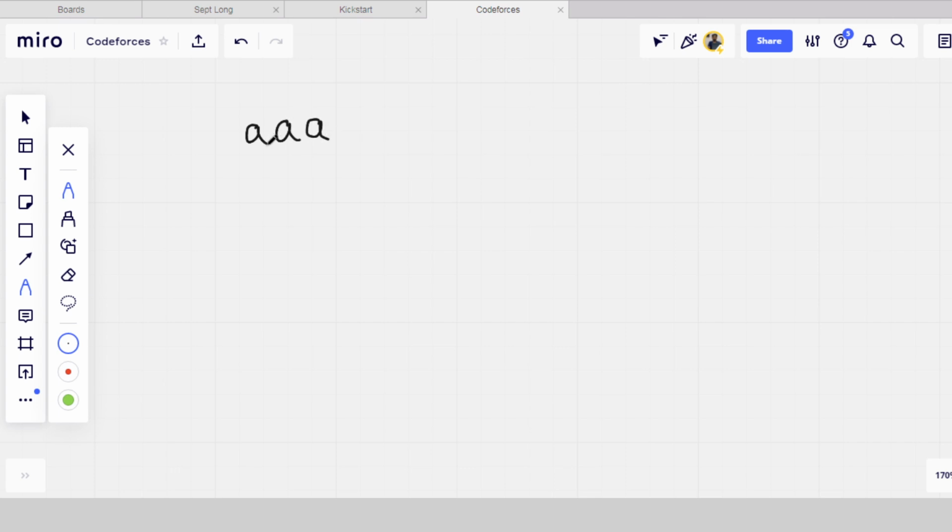If I count how many pairs have the same adjacent letters, there are two pairs. Some students get confused and assume there is only one pair, but there are two. The first pair is at index 0 because the letters at 0 and 1 are equal, and the second is at index 1 because the letters at index 1 and 2 are equal. There are two pairs.